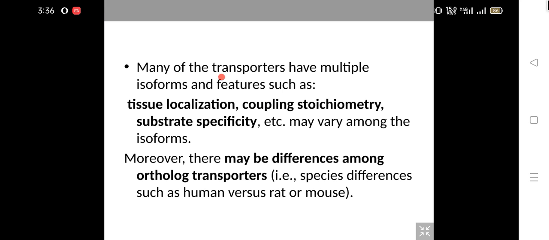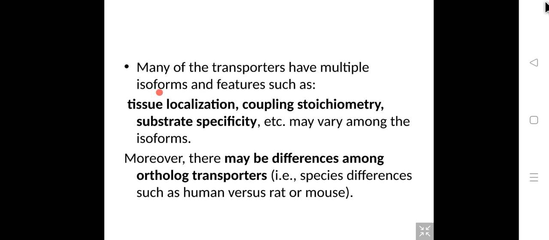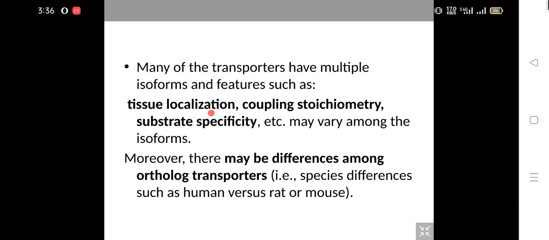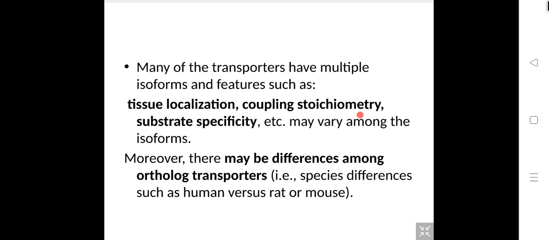So many transporters have multiple isoforms and features such as tissue localization, coupling stoichiometry, and also substrate specificity. And this may vary with the different isoforms. I've just given you a few examples and also shown you how co-transporters differ from exchangers.